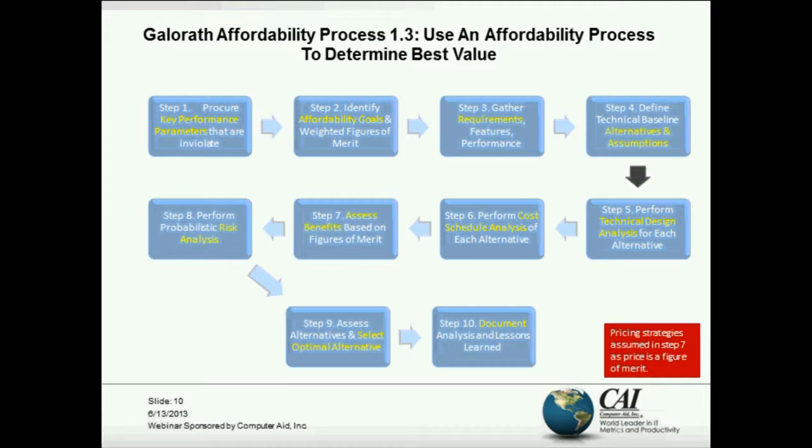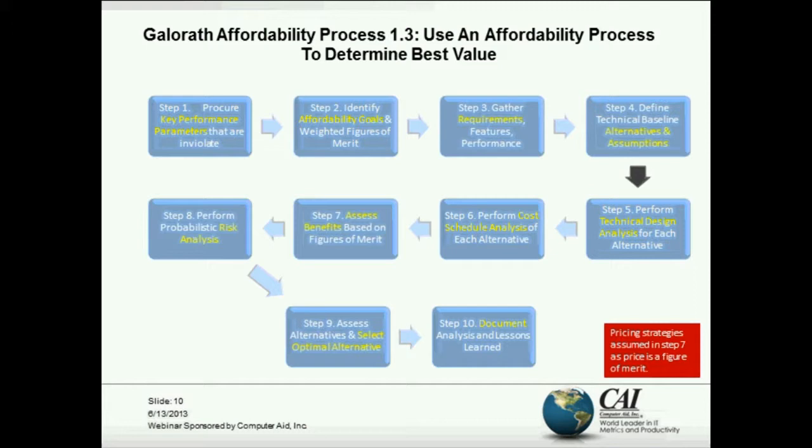Fifth step basically is to perform the technical design analysis of each alternative. What differentiates one alternative from another, and how does that change the assumptions in how you're going to analyze these things? For instance, what are the key tests that need to be done, labor rates, experience levels, and so on.